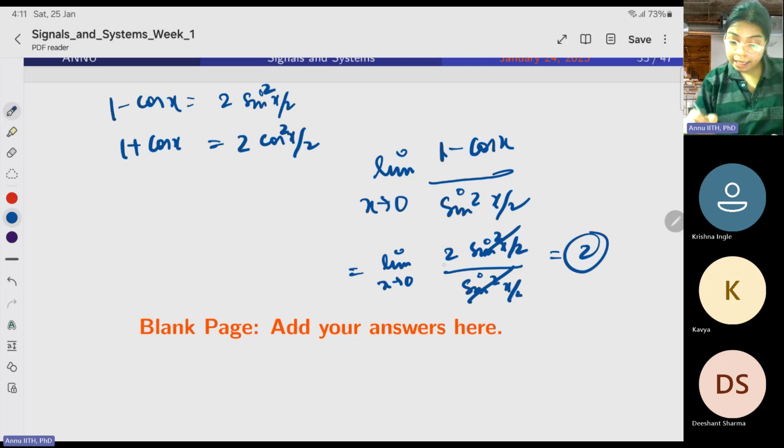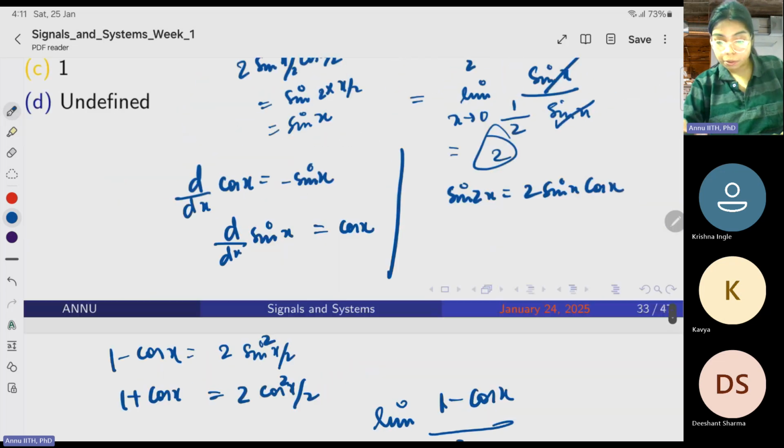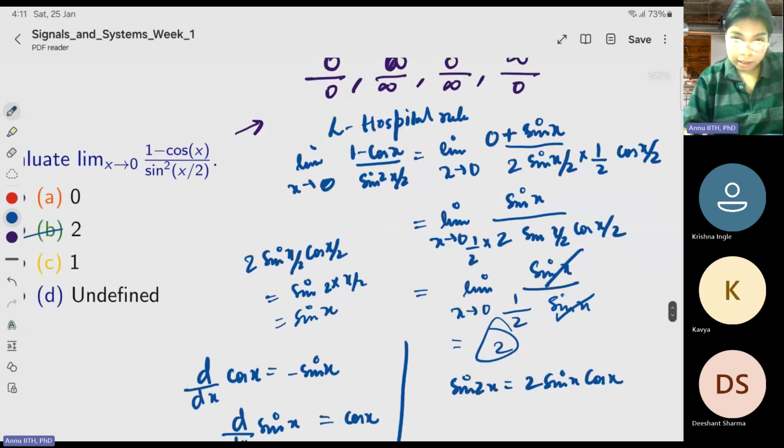So if you solve limit x tends to 0, 1 minus cos x over sine square x by 2, I'm writing the question again. Sorry, this is square. I forgot the formula. This goes directly and this 2. So either you can simplify it or you can use L'Hospital rule. It's up to you. The previous problem that we saw in the beginning, second or third slide, we have to simplify it. So either way, we get the answer.